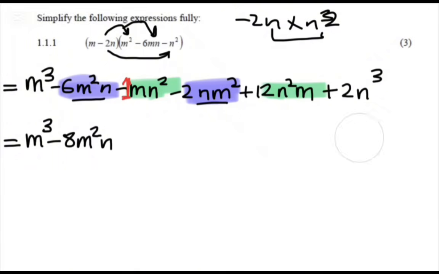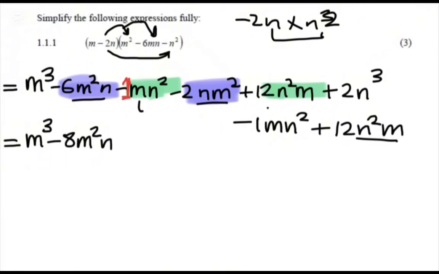Perfect. Now we add the other like terms, negative mn squared and plus 12n squared m. We bring them down the way they are. This one is negative 1mn squared, plus 12n squared m. You might wonder why these are like terms, because they don't look the same.